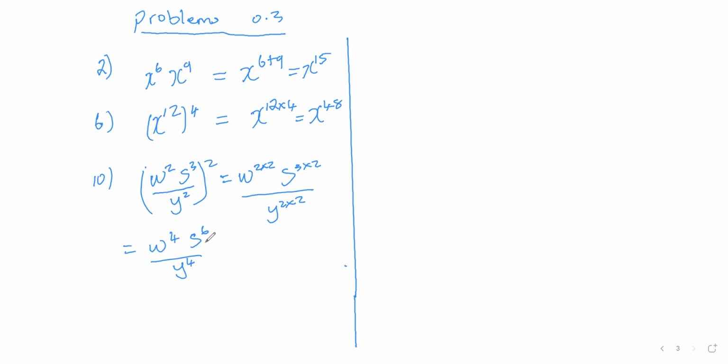Then we also look at number 12. I think number 12 is also the same as 10. I'll rather look at number 14. Number 14 is x squared, all cubed, times x cubed, all squared, divided by x cubed raised to the power 4.